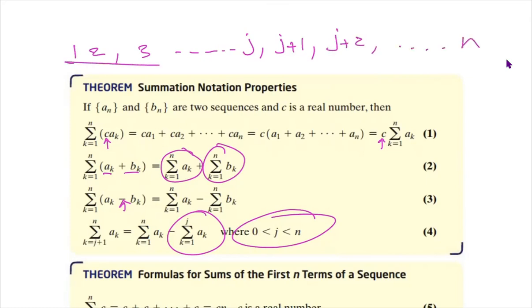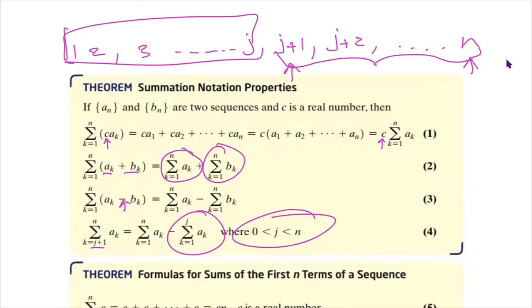Now these terms, we didn't need them, right? In the sum, we only started from here, to say that's the sum from k equals j plus 1. We started here and we ended it here. All these terms, we did not want them, so that means we subtracted them.